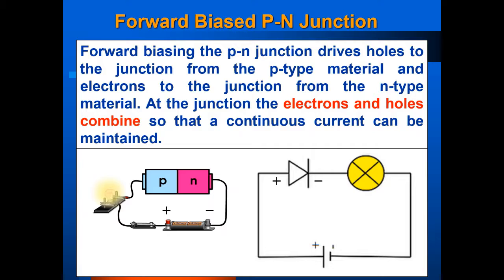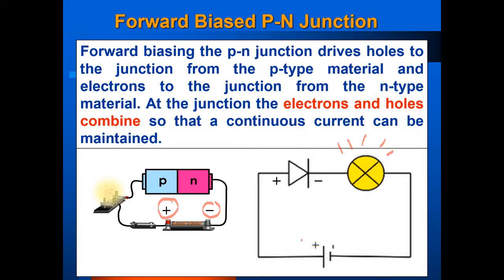So this is the connection for the forward bias, where the positive must be connected to the P-type, and the negative must be connected to the N-type of the diode. This is the symbol that we use in the electric circuit, and the bulb will light up when it is forward bias.